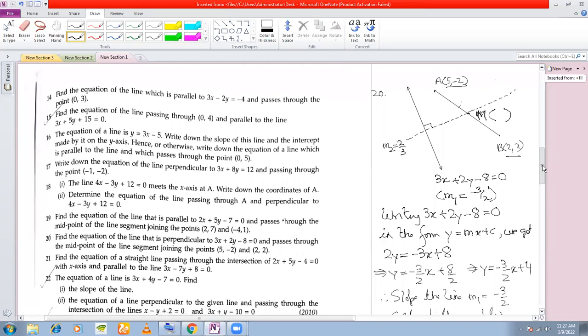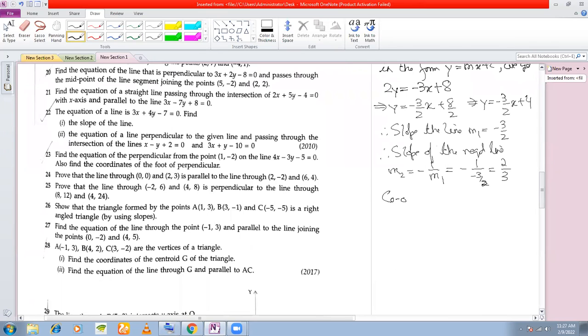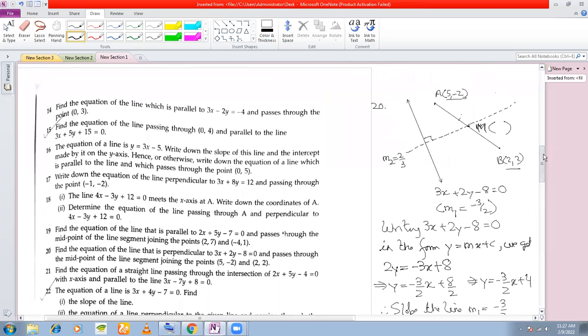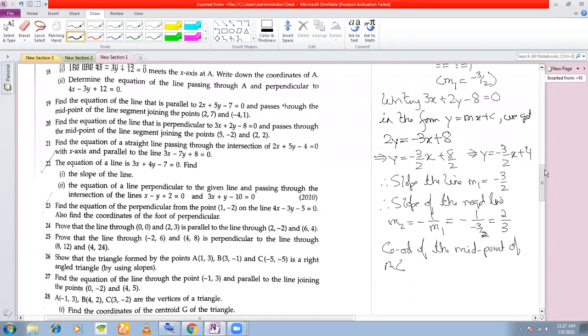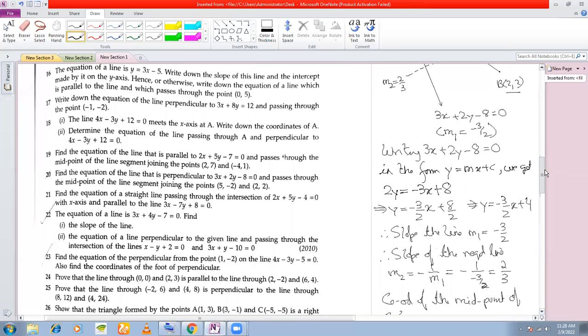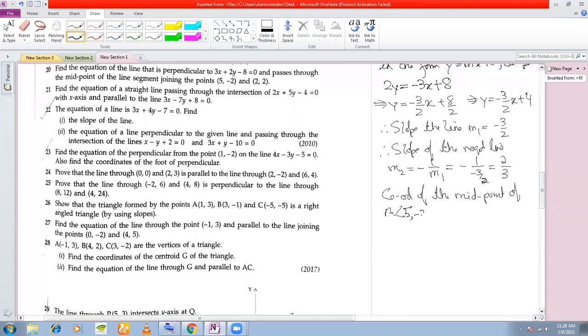So the coordinates of the midpoint of A (5, -2) and B (2, 2) is ((x1 plus x2) by 2, (y1 plus y2) by 2).